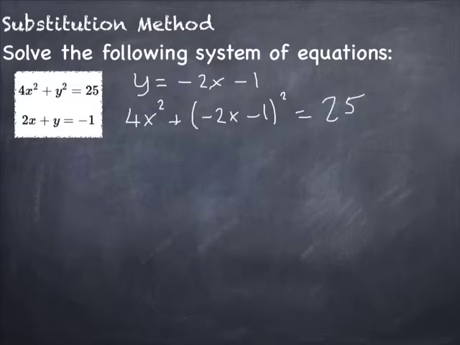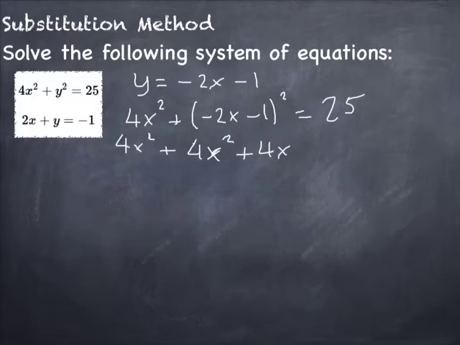Now I should be able to solve this equation for x. So what I've got now is 4x squared. Next, multiplying this out properly, negative 2x squared becomes positive 4x squared. The middle term, if we're foiling it out properly, is negative 2x times negative 1, so that's plus 2x plus 2x, or 4x.